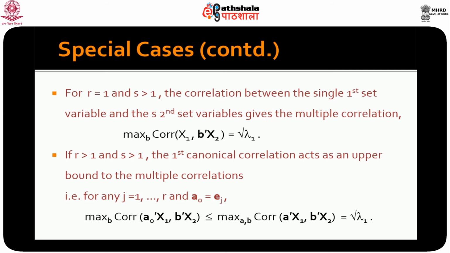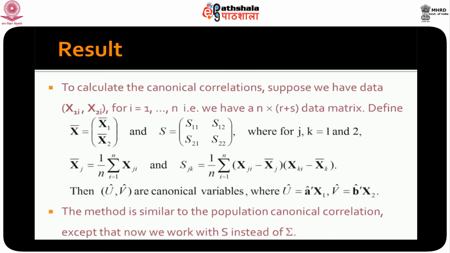Now let us look at the problem of calculating canonical correlations given a data set. So suppose we have data on r variables from x1 and s variables from x2, and there are n observations. Remember, in this case it has to be paired observations, paired in the sense that x1 and x2 must be paired.